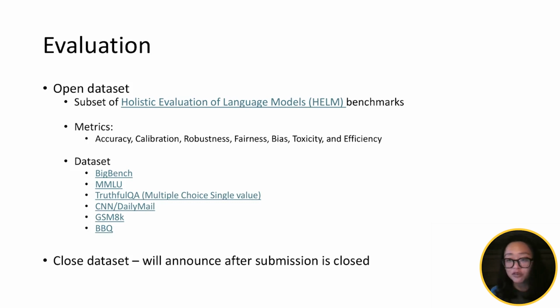The reason to do this is, of course, we're preventing the winning entry from being simple memorization. We don't think that's going to be happening, but still, it's good to set something aside. The closed data set will be very similar to the open data set with the same type of tasks, and we will announce those after the submission is closed.